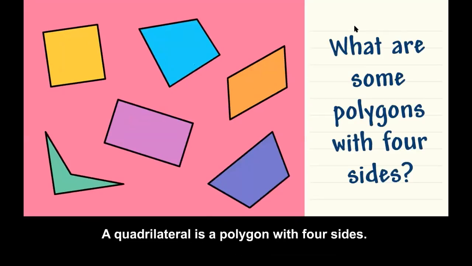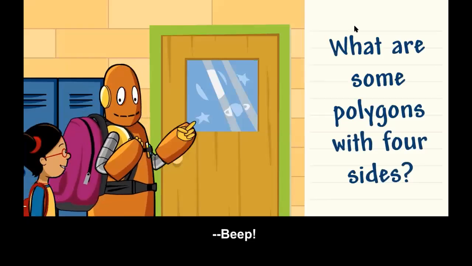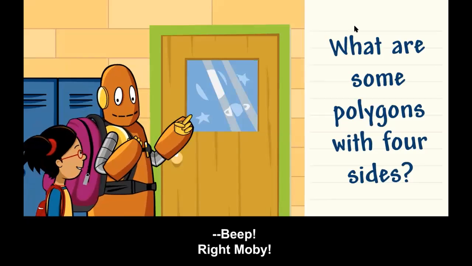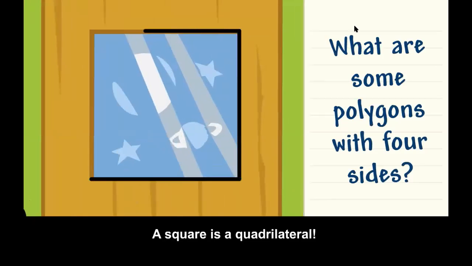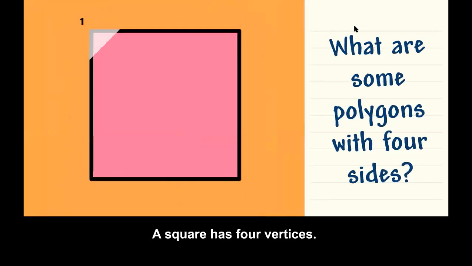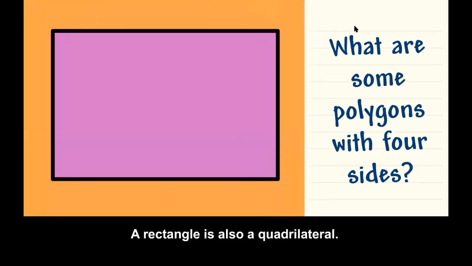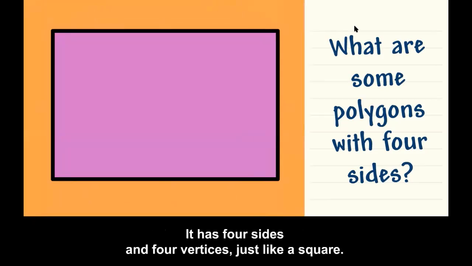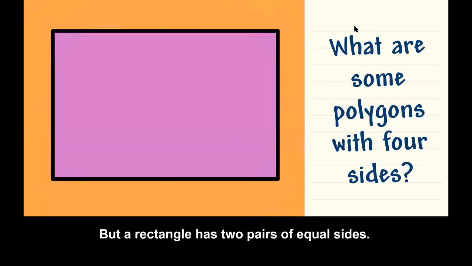A quadrilateral is a polygon with 4 sides. Right, Moby. A square is a quadrilateral. It has 4 sides that are equal or the same size. A square has 4 vertices. A rectangle is also a quadrilateral. It has 4 sides and 4 vertices, just like a square. But a rectangle has 2 pairs of equal sides.